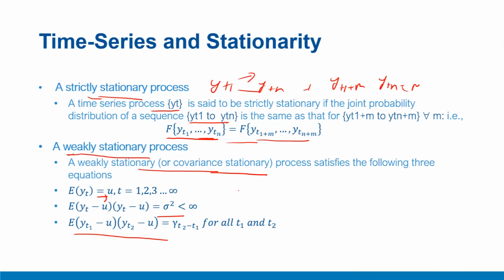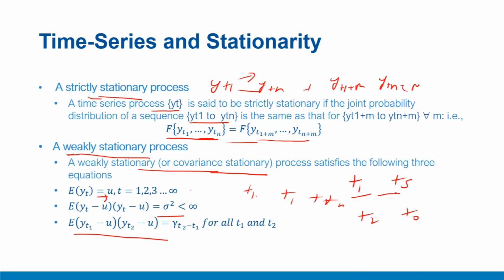So it does not matter in the sequence which T1, T2 or Tn we are looking at. What matters is the difference between T1 and T2. For example, if you are looking at two sequences, let's say T1 to T5, their autocovariance will be the same as T2 to T6. So what matters is not at what time they are, only their difference, and you can identify what would be the correlation.